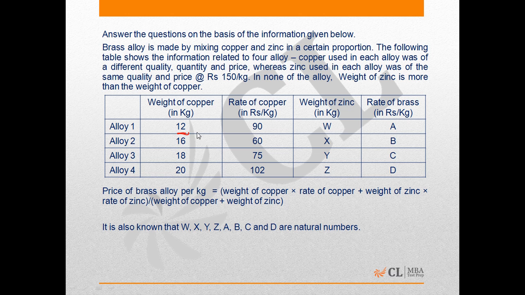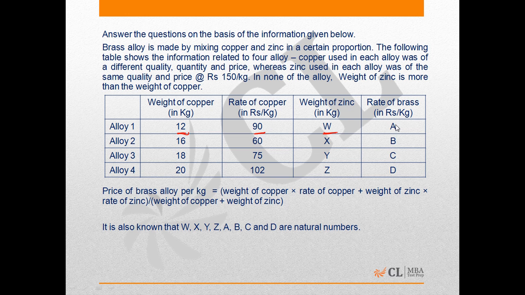The amount of copper used in alloy 1 is 12 kg and it is priced 90, and the amount of zinc is W kg, priced rupees 150, and the final quantity made, that is brass, is A kg.